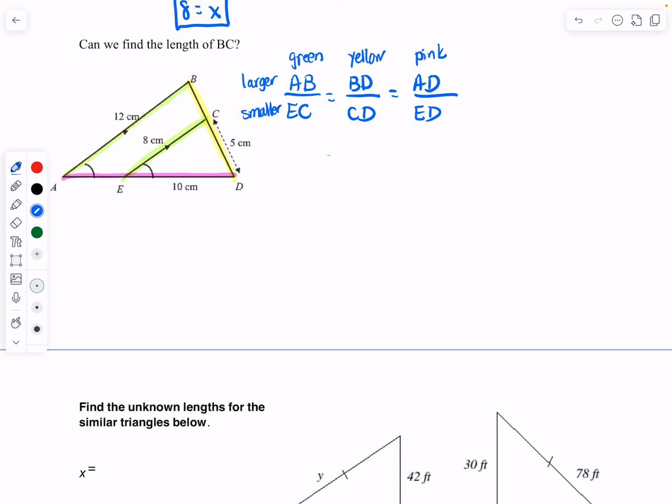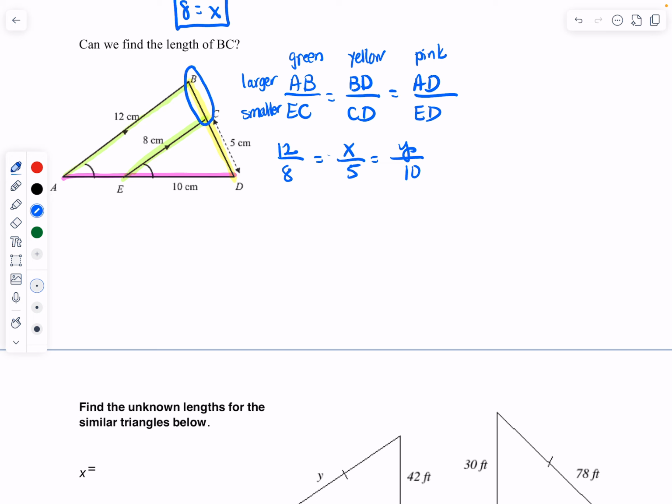So the length of AD is 12 centimeters over EC, which is 8. In yellow, BD is unknown over CD, which is 5. And finally in pink, AD, I don't know what that length is, so I'm going to say it's y over ED, which is 10.